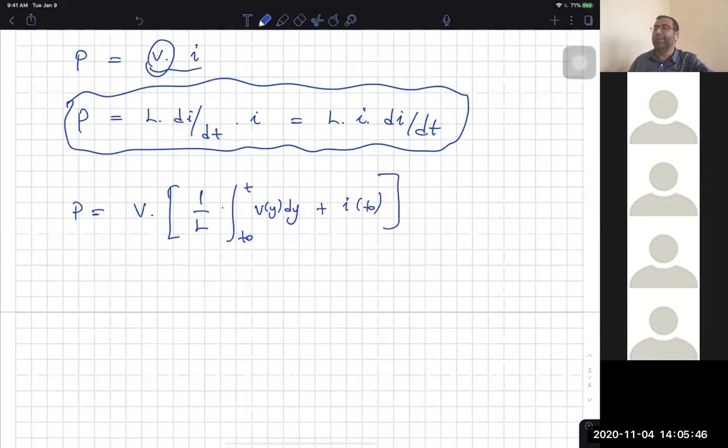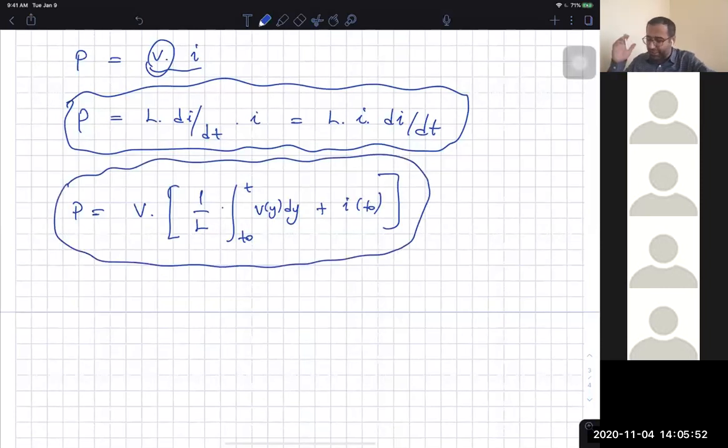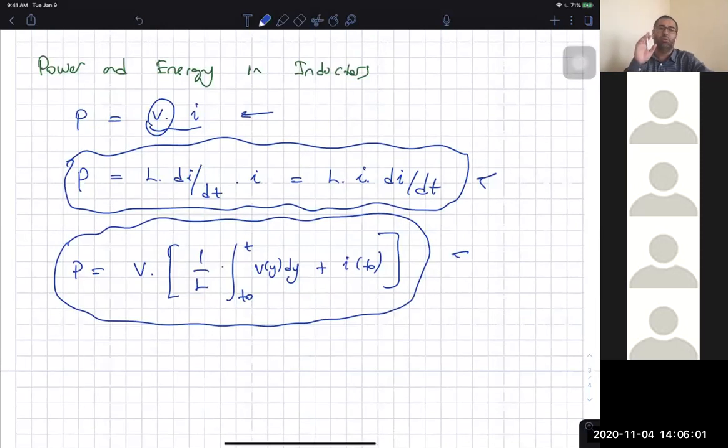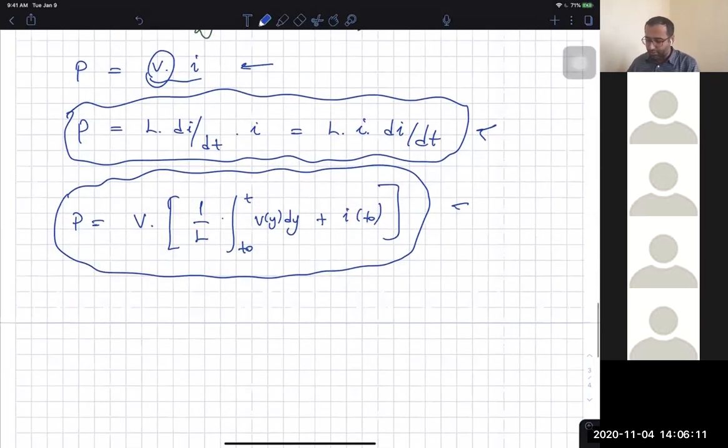This is not really that important. You don't need to memorize these equations, but whenever you see them, you should understand where they come from. Both of these equations come from the same power equation you were using in resistive circuits. The only difference now is we have a different relationship for current and voltage. So you can use any of those equations based on what you are given in the problem, right?